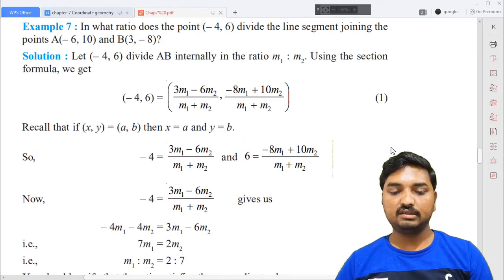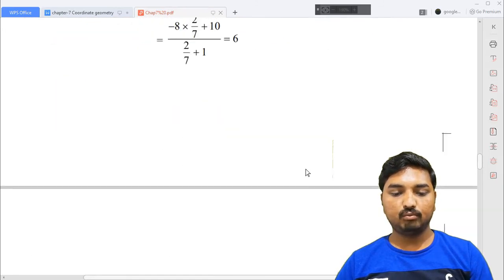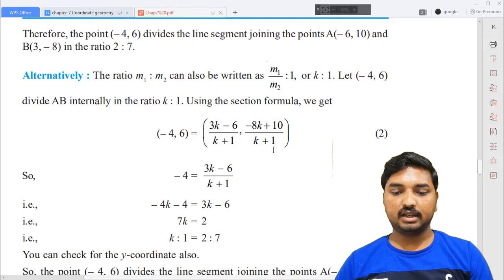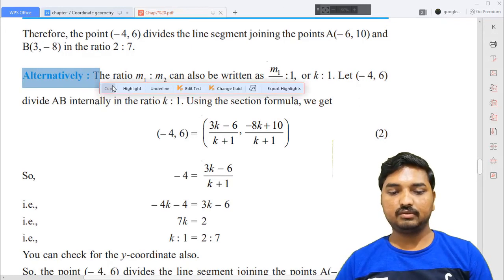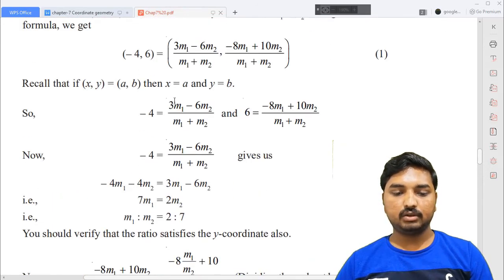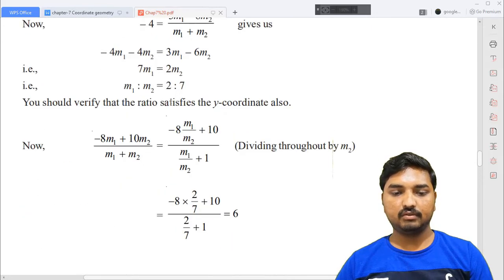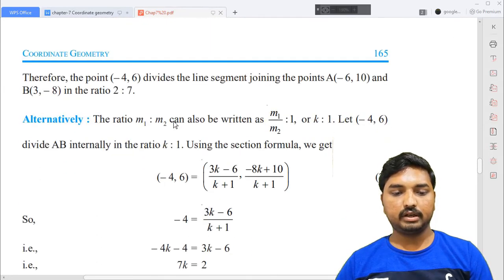The same formula can be used, but if you use it, it will become very difficult. So that's why I'm going to use the k is to 1 formula. Just look at this one, alternative solution. If you solve by the other method you will get the answer, but it seems to be difficult for you. So don't follow that one, follow this alternative solution.